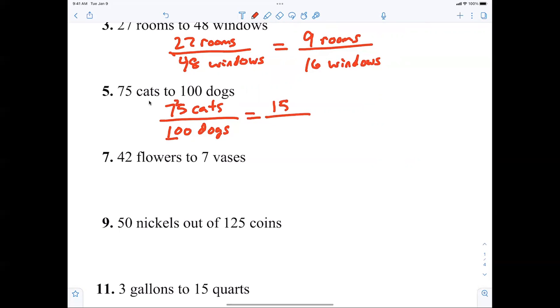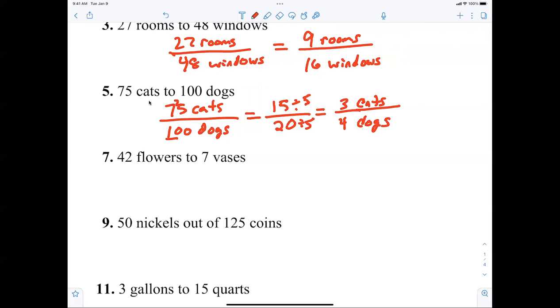And then 5 goes into 10 with a what left over? Good job. Now reduce that again. That's right. 3 cats to 4 dogs. Perfect. Anybody have any questions with that?